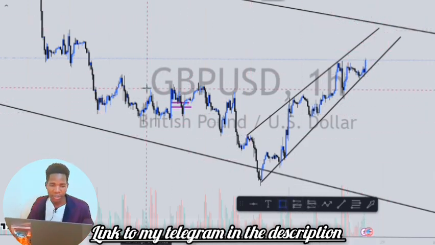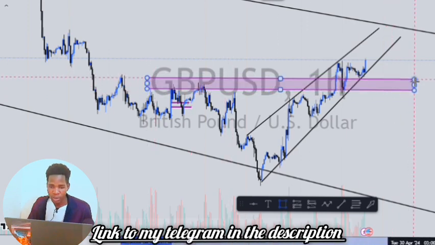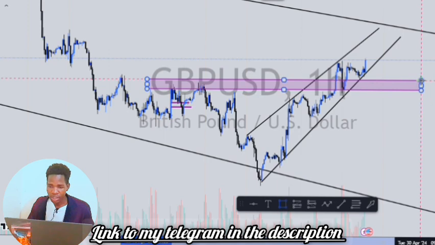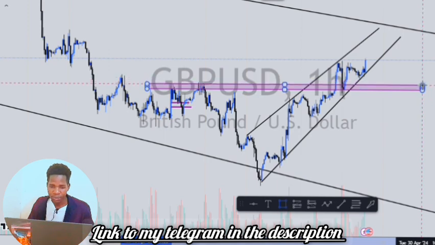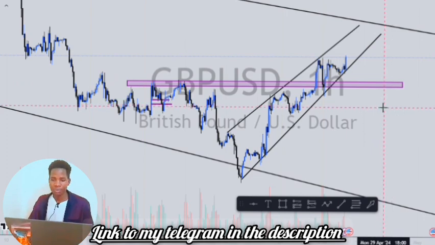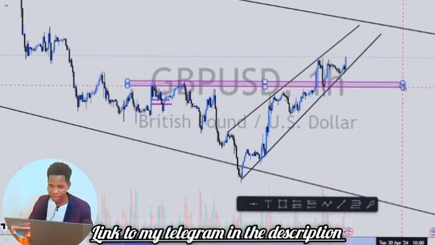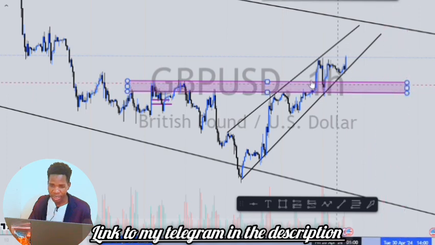So let's draw our zones. I can see a very interesting zone here that the market has come to retest. You can see the market has come and broken this zone from here, has broken and come and retested the zone.